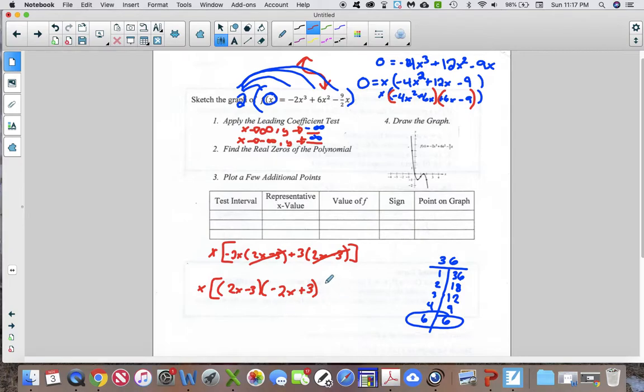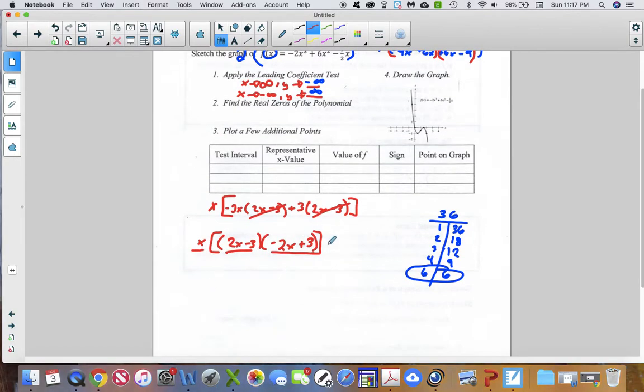Okay, so now that I have my pieces, if the whole thing is equal to 0, I can just set each piece equal to 0. So first and foremost, x is equal to 0. Then I also have 2x minus 3 equals 0, and I have negative 2x plus 3 equals 0. And we're going to see how this one works out.